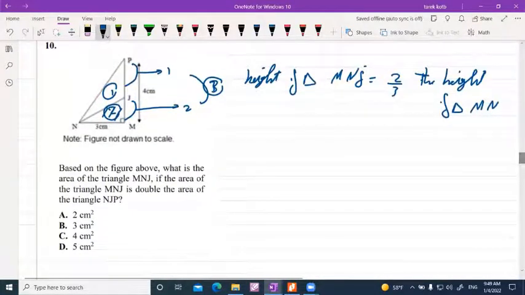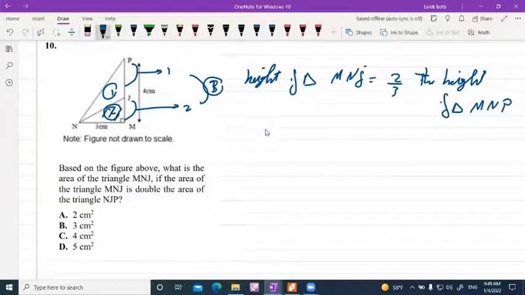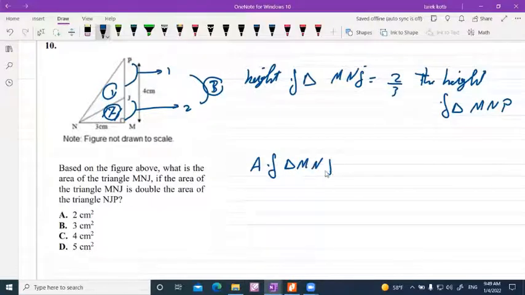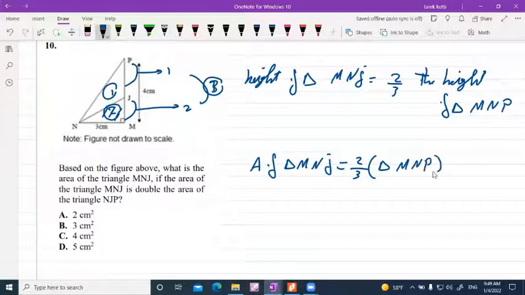The big one, which is MNP. Okay? That means also that the area of this triangle equals 2/3 the area of the big triangle, because they have the same base. So the area of triangle MNG equals 2/3 the area of the triangle, the big one.